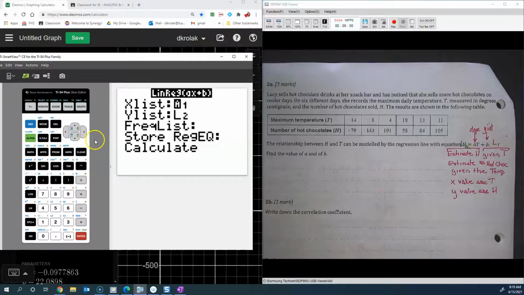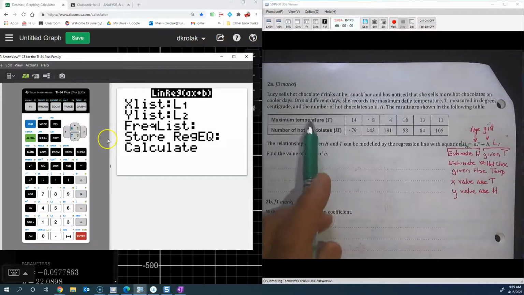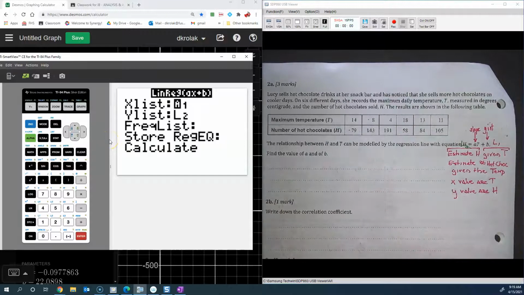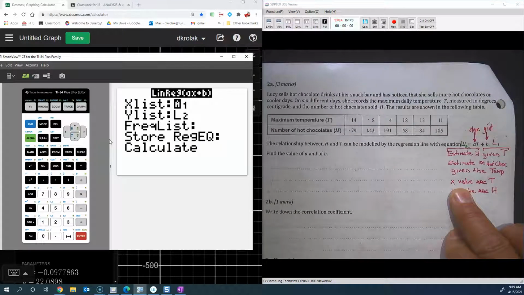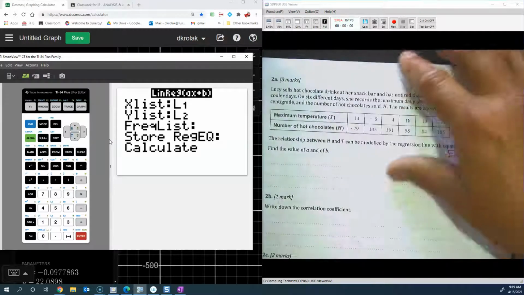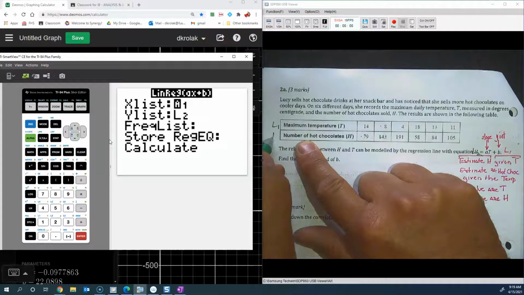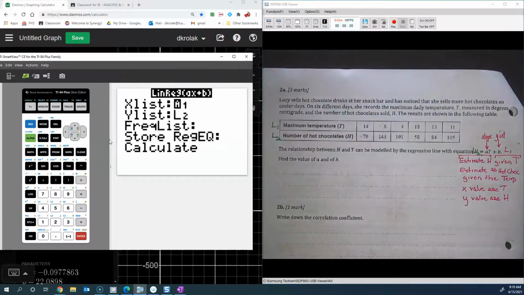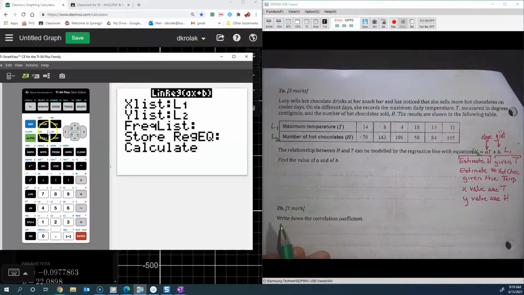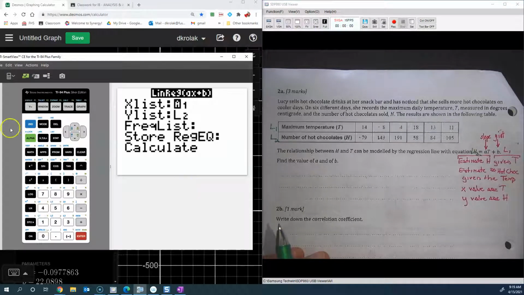I want my X list to be L1, and I want the Y list to be L2. It's already set up the way it has to be.